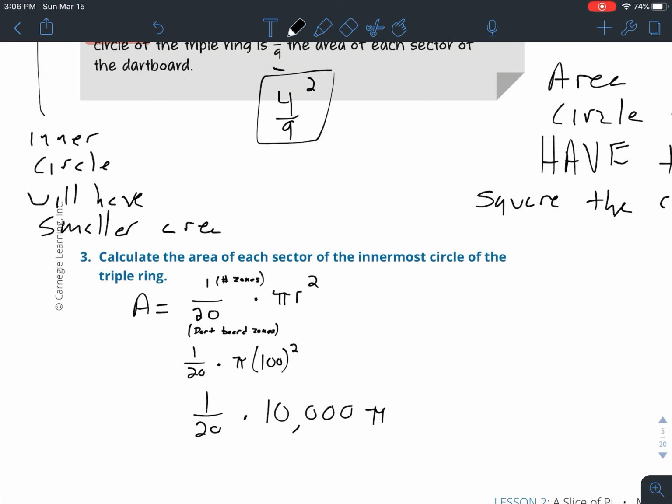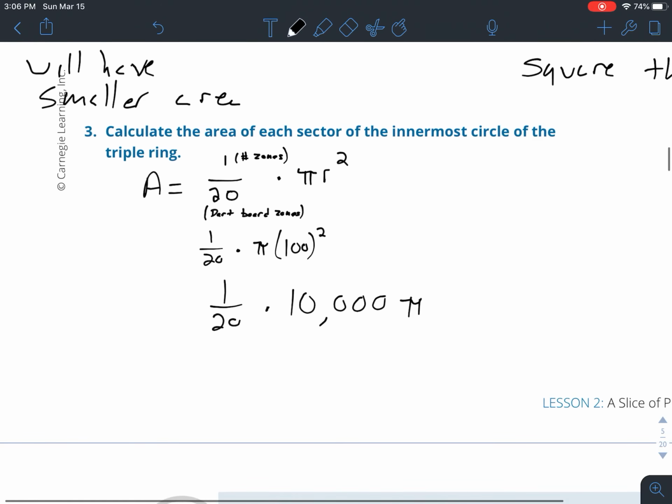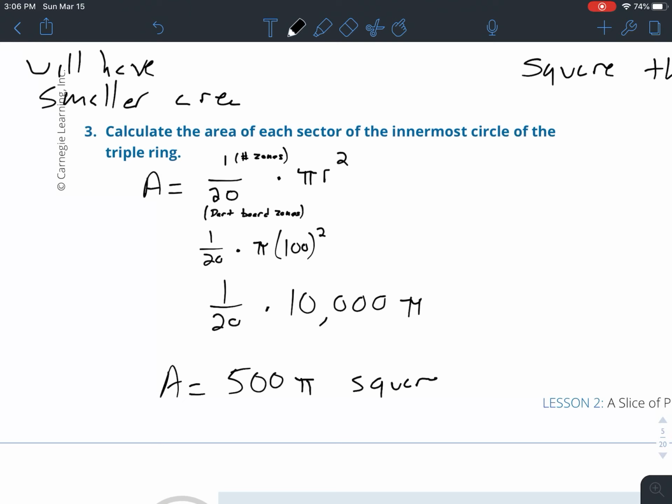And using your calculator, take 1 over 20 times 10,000. Ends up bringing you to your area is equal to 500 pi mm squared. I'm just going to put it as mm, so you don't have to write out millimeters. That would be your answer.